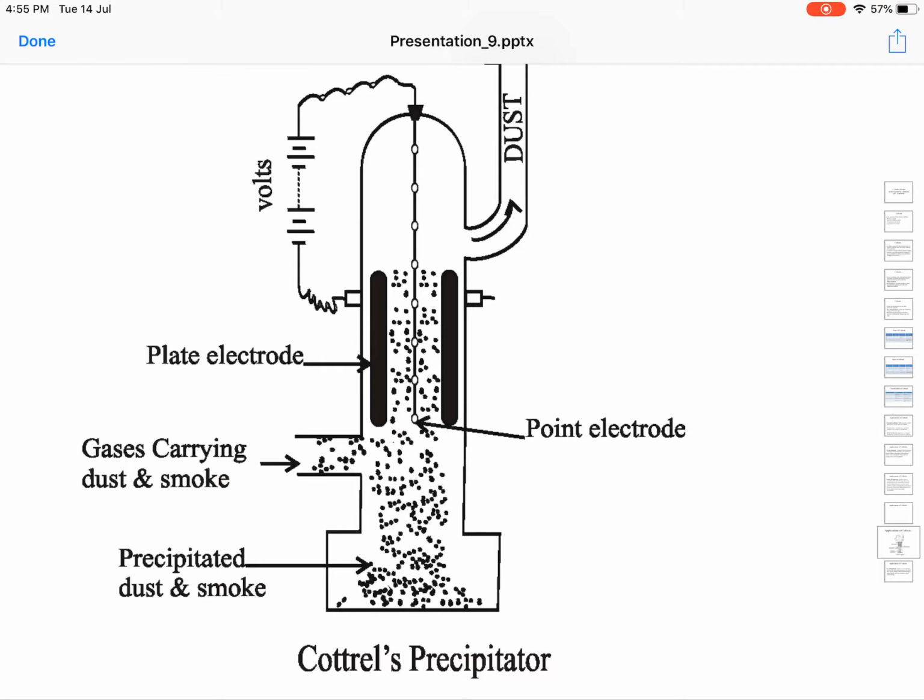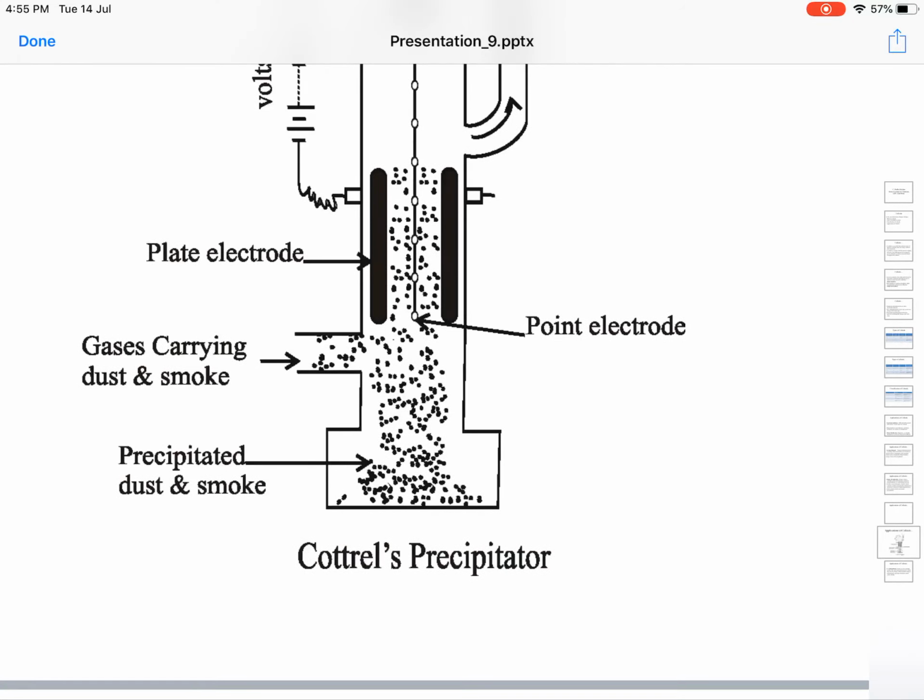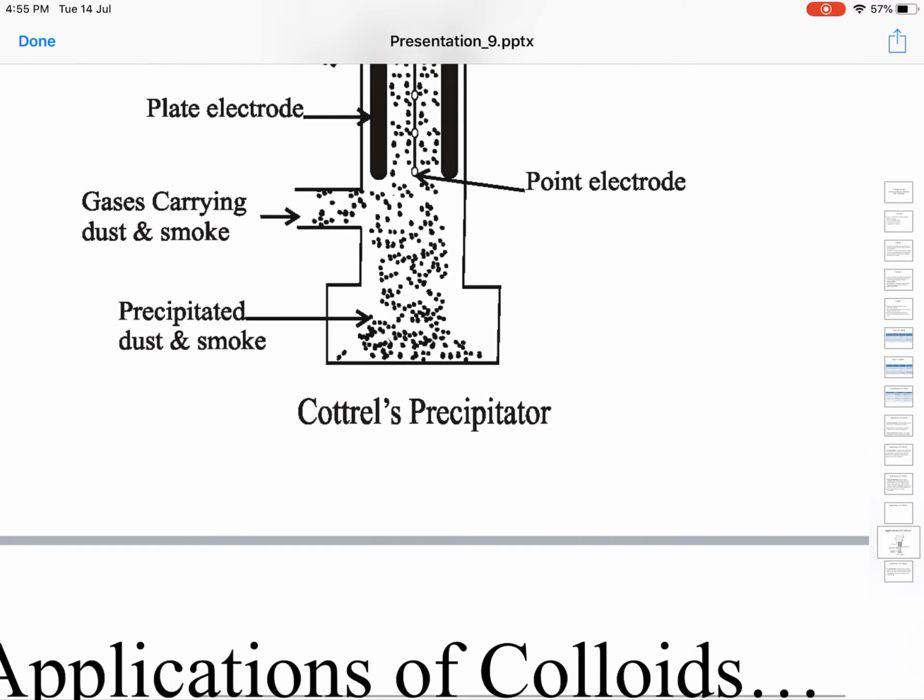So, the gases free from the solid particles will be released into the atmosphere, which is usually harmless. This is about the Cottrell electrostatic precipitator. In modern industries, these electrostatic precipitators are used to remove pollution from the smoke.